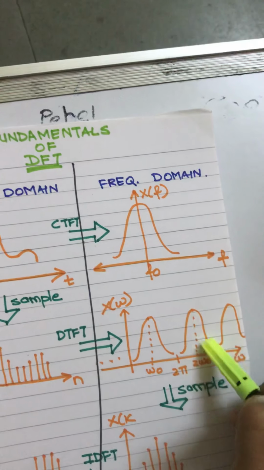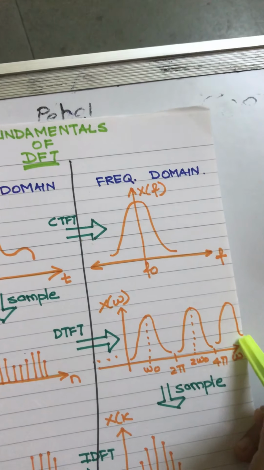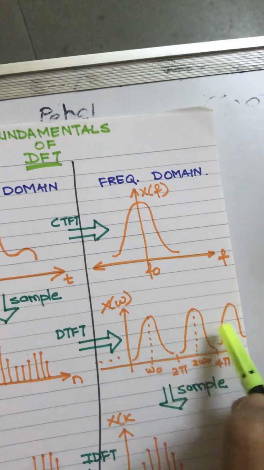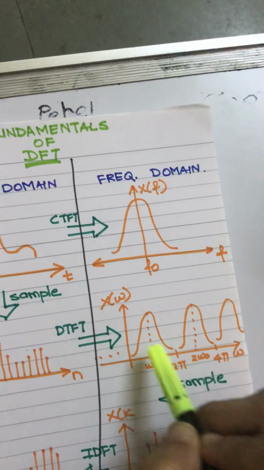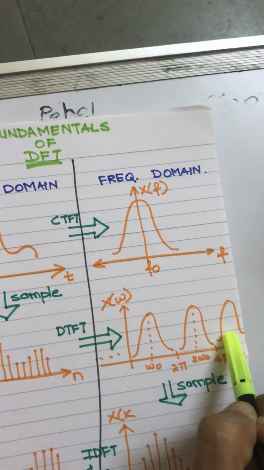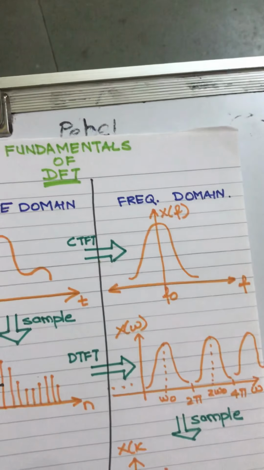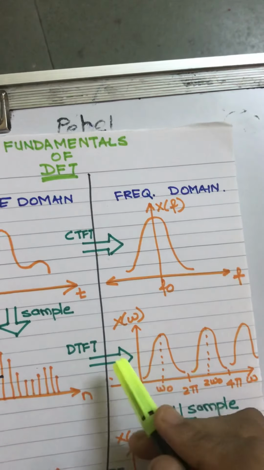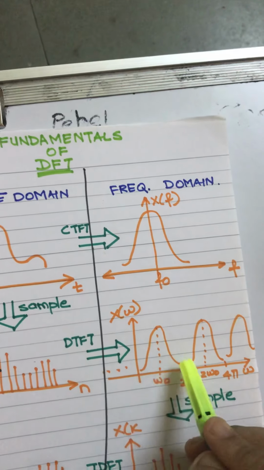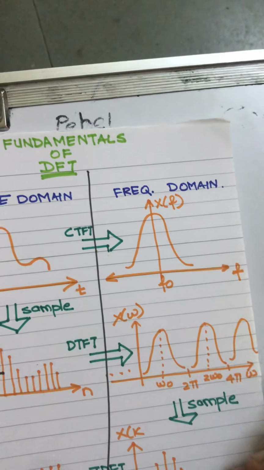In DTFT we will see that there are energy bundles formed. The bundles are repeated. They are images of the first bundle, and they get repeated after every 2 pi.